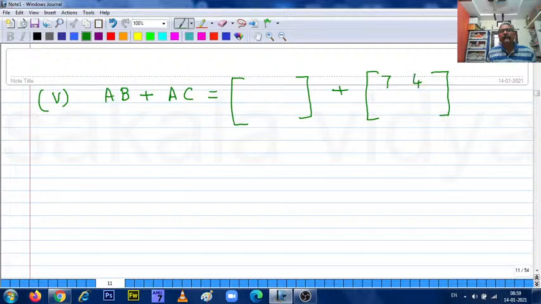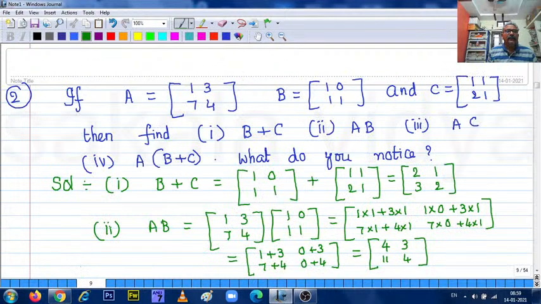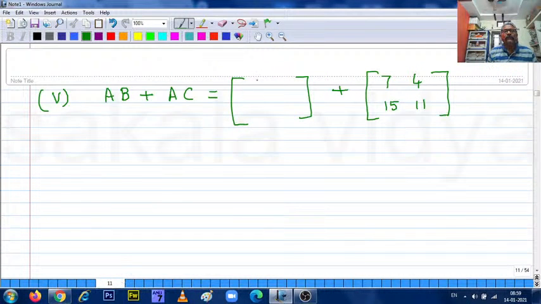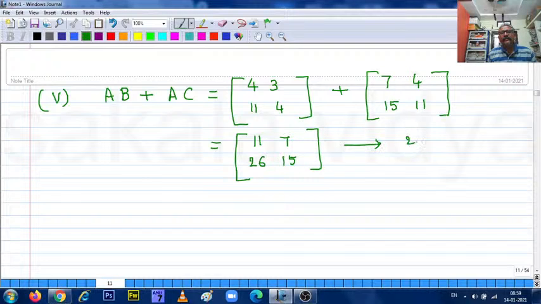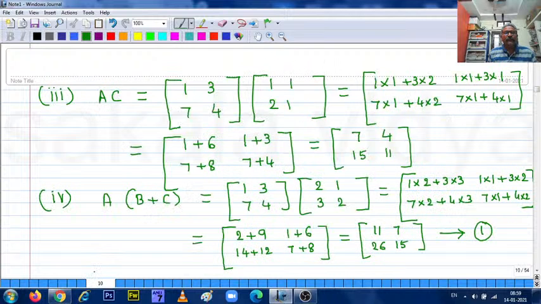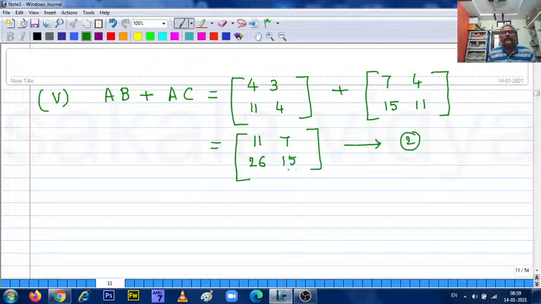Now AB is 4, 3, 11, 4. So what do you get here? 4 plus 7 is 11. 3 plus 4 is 7. 11 plus 15 is 26. 4 plus 11 is 15. Say equation 2. Observe equation 1 and 2. 11, 7, 26, 15.